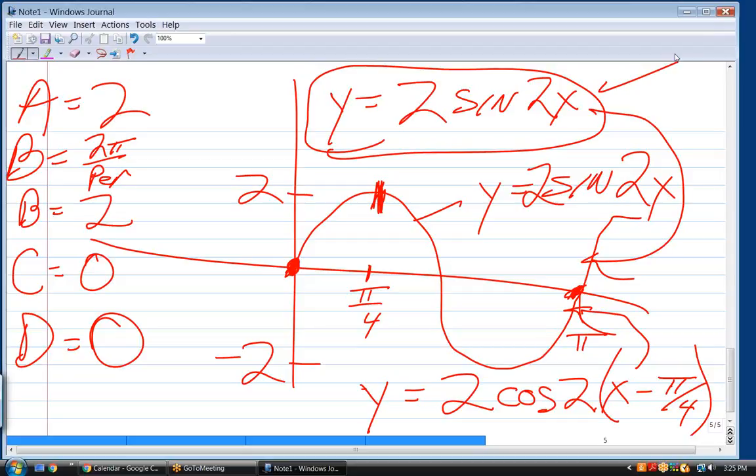Then it's very important that you understand the graph of the two basic functions, sine and cosine, because sines start at the midway point and they go up to their maximum. Cosines start at their maximum and they go down to 0.